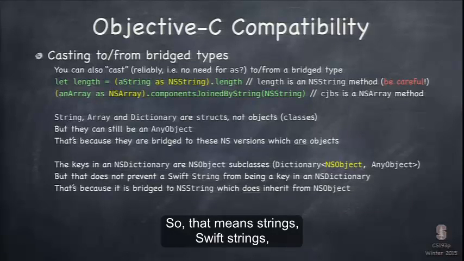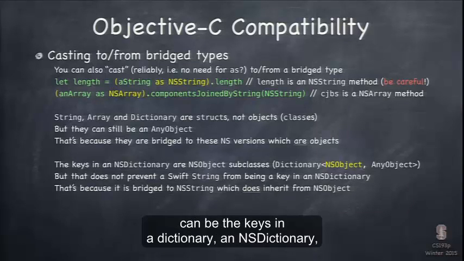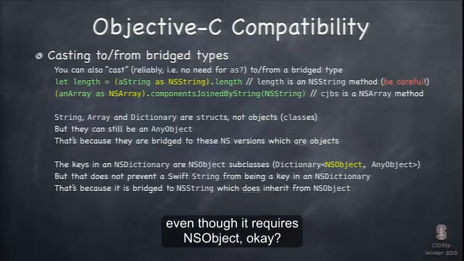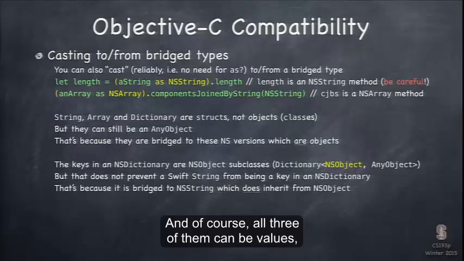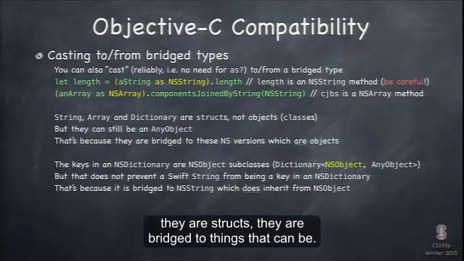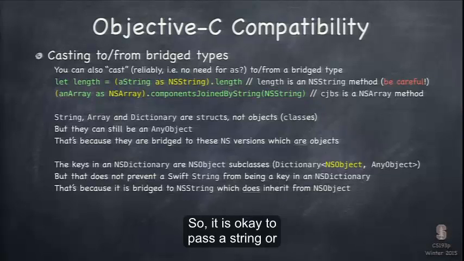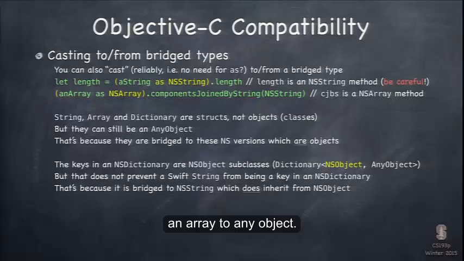So that means Swift Strings can be the keys in an NSDictionary, even though it requires NSObject, okay? And of course, all three of them can be the values because even though they're not really objects, they are structs, they are bridged to things that can be, okay? So it is okay to pass a String or an Array to AnyObject.